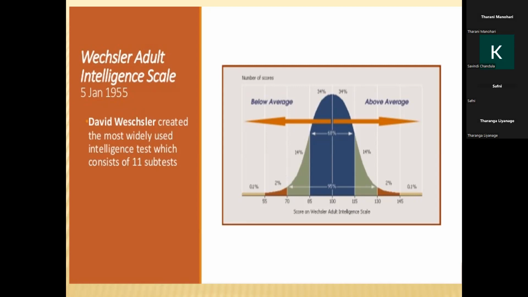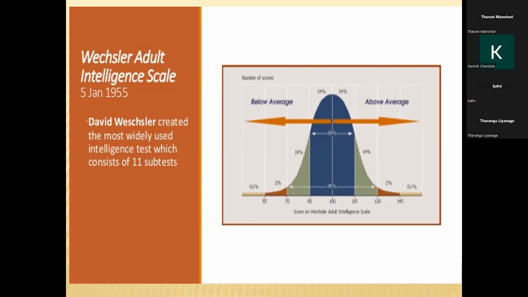Below 70. And to the other side it is also the same. You have another 14% between 115 and 130. Right? So some of you may also be somewhere here, close to this 115. And I don't think that any of us go beyond 130.